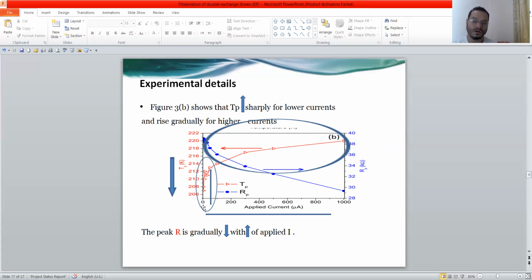At 0 microampere it will be more than 38 kilo ohm, and keep going.